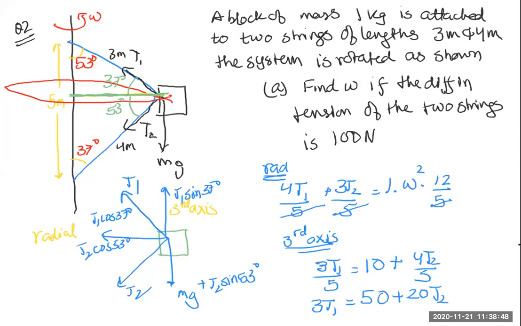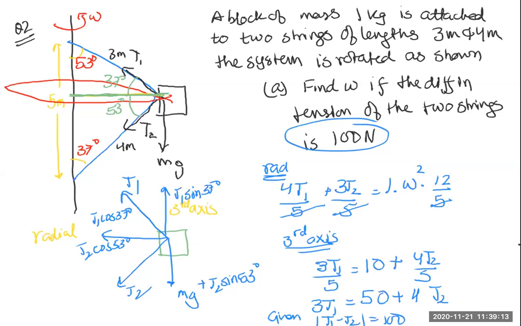Right? And it is given from here, 4T2, sorry. And it is given from here that T1 minus T2 is equal to 100.